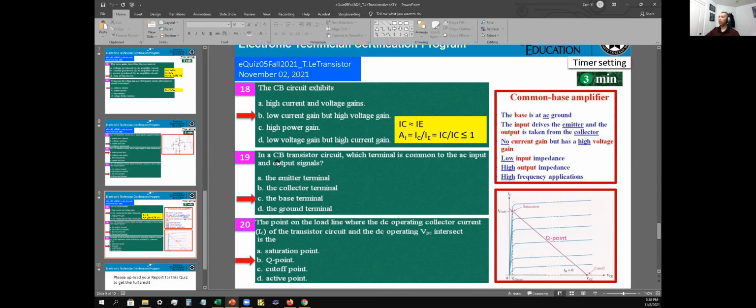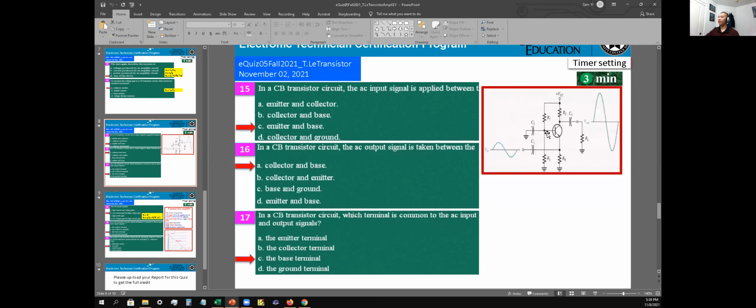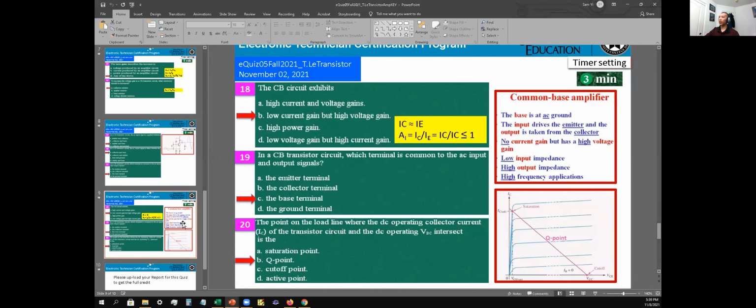Number 19, in a common base transistor circuit, which terminal is common to the AC input and output signal? We just talked about that. That was the base. So the answer is C, the base terminal. Okay, number 20, the point on the load line where the DC operating collector current of the transistor circuit and the DC operating VBE intersect is the Q point.